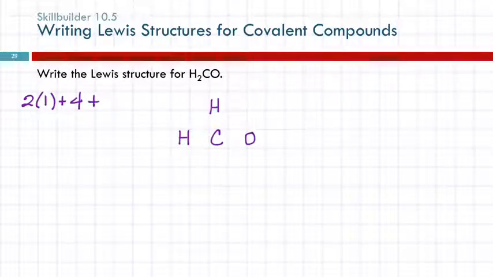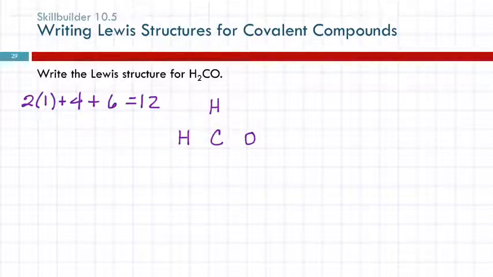How many valence electrons does oxygen have? 6. I write O. Good grief. So the number of valence electrons is just the group number. 1A, 2A, 3A, 4A, those group numbers. Okay? So this is giving me 12. I've got 12 dots to mess around with.